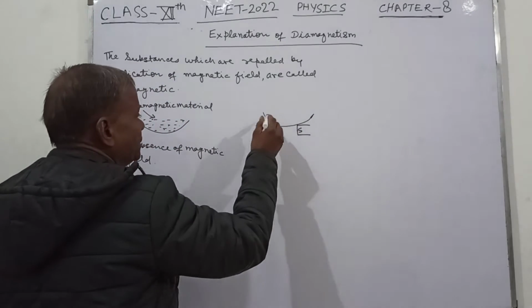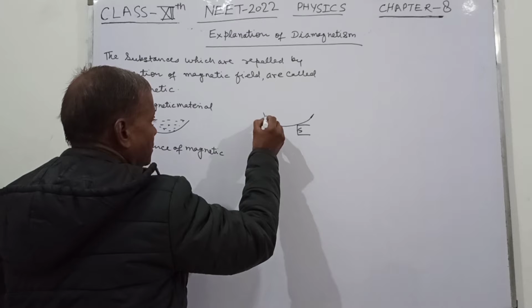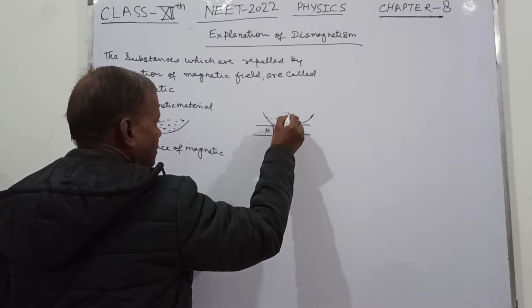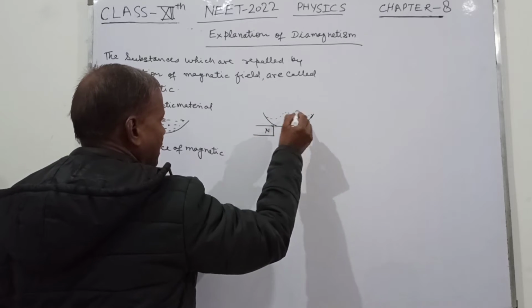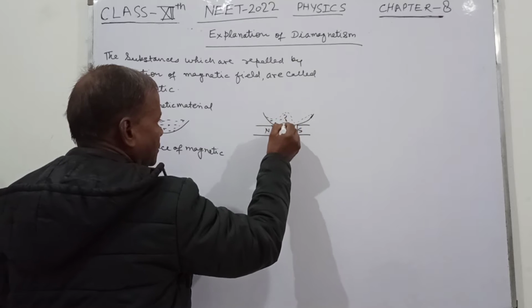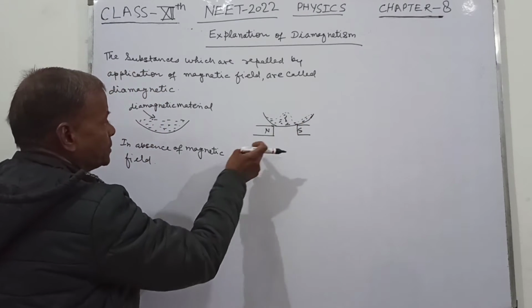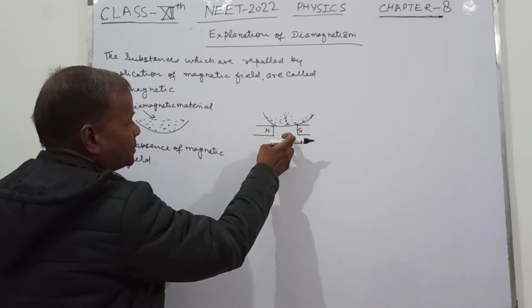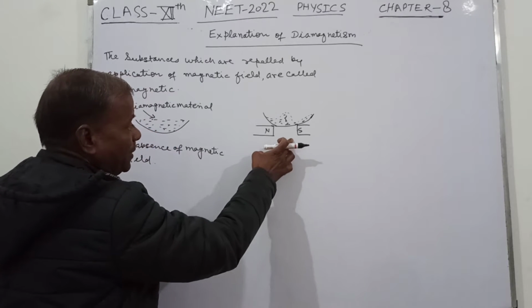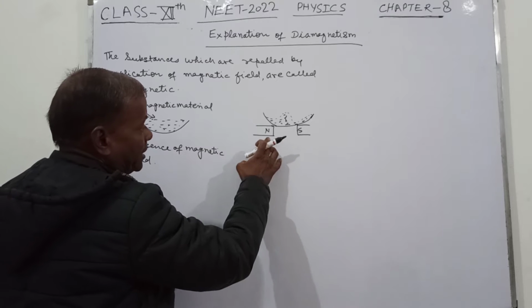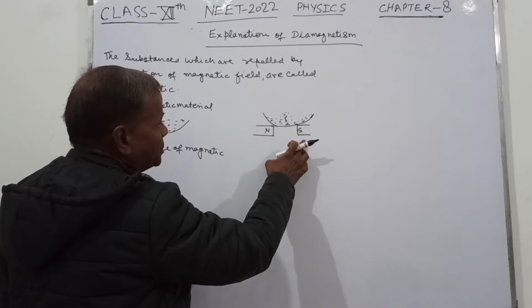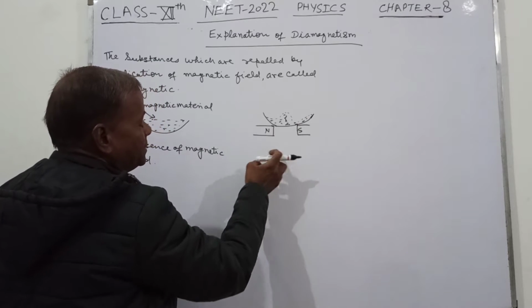Then what will happen is that the material will be pushed away like this. This shows that this material is being repelled by the magnetic poles, North Pole and South Pole. So it is collected at the center.